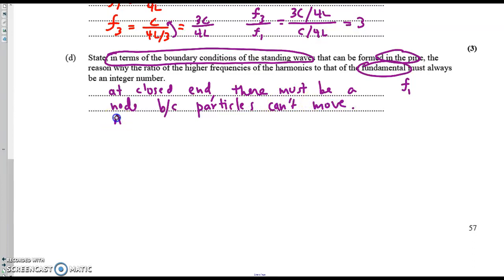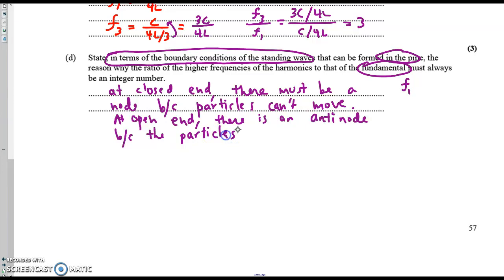And at the open end, there is an antinode. The reason that we'll give, this is not a complete reason, but it's a partial reason, is because the particles are free to move. Free ends always turn into antinodes.